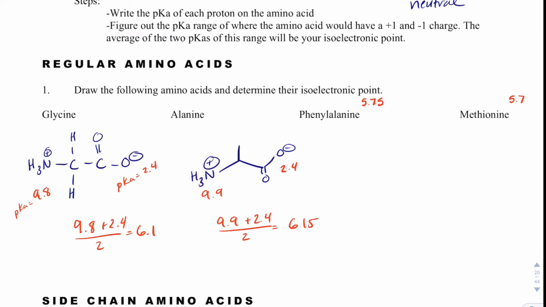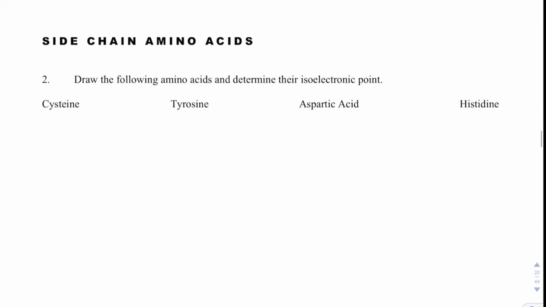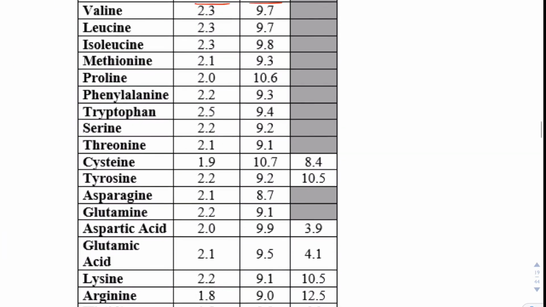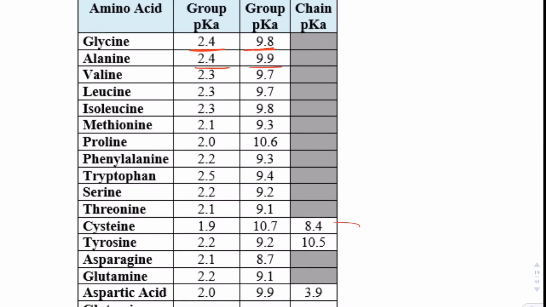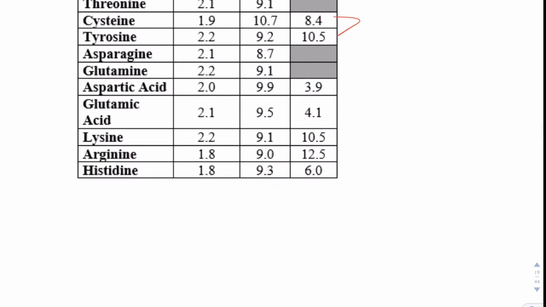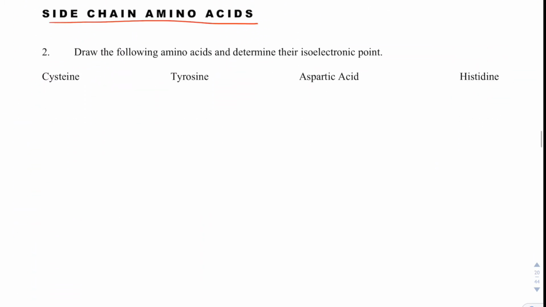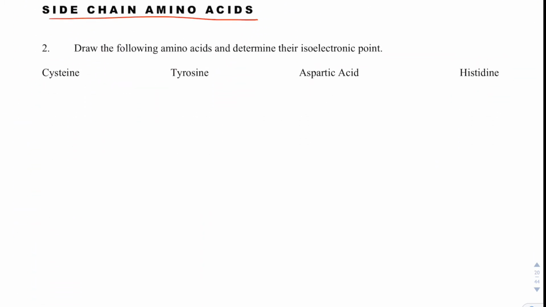Okay, now, when it gets a little bit more complicated is when you have side chain amino acids, which they all have side chains, but specifically side chains that have pKa's, like these guys, or any one of these. Okay, so this becomes a little bit more complicated. I'm going to draw cysteine.